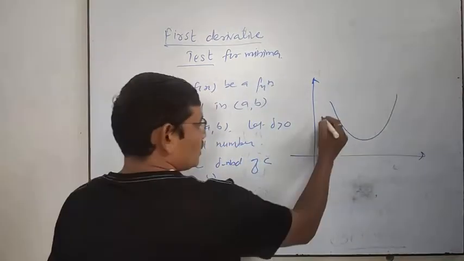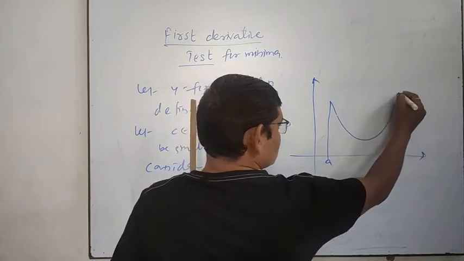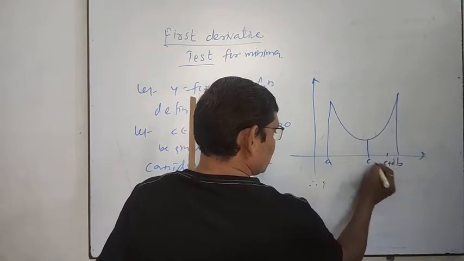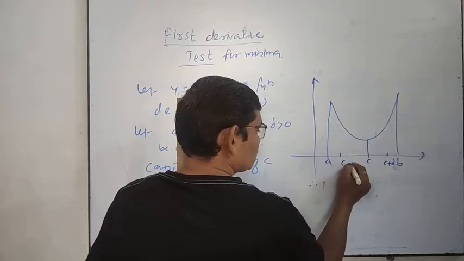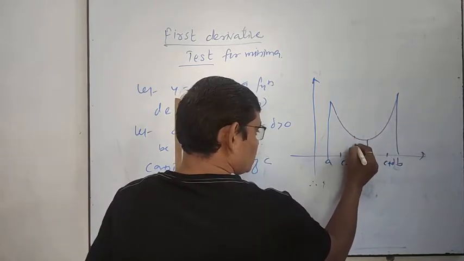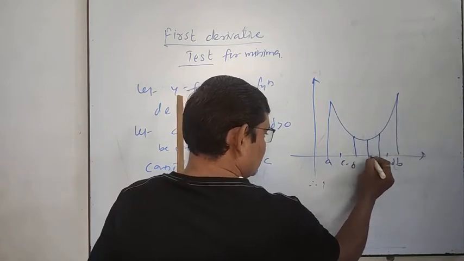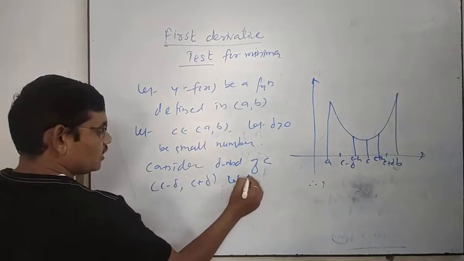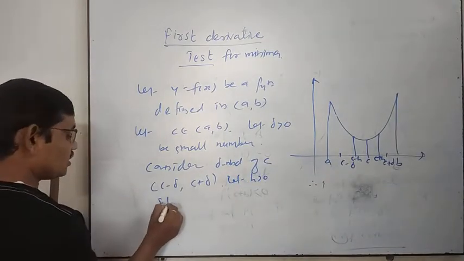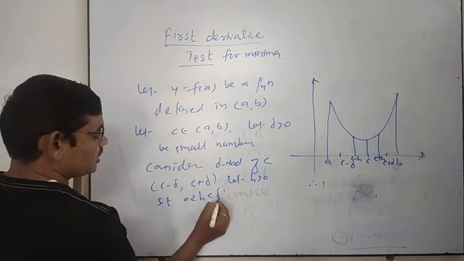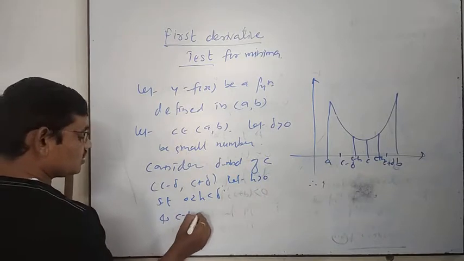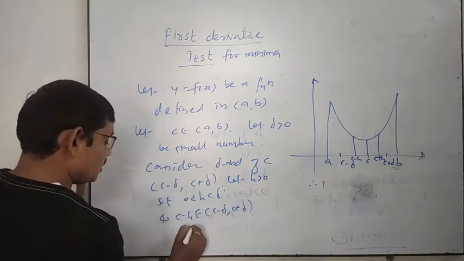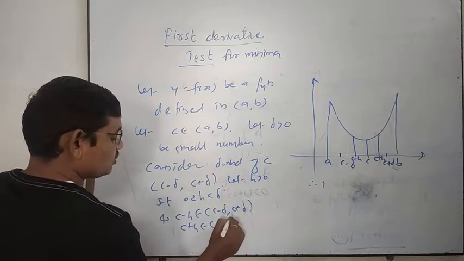So this is A, this is B, and this is C, C plus delta, and here C minus delta. We take 2 points, C minus h and C plus h, in the neighborhood. So let h be greater than 0 such that 0 is less than h less than delta, and C minus h belongs to C minus delta comma C plus delta, and C plus h also belongs to C minus delta comma C plus delta.